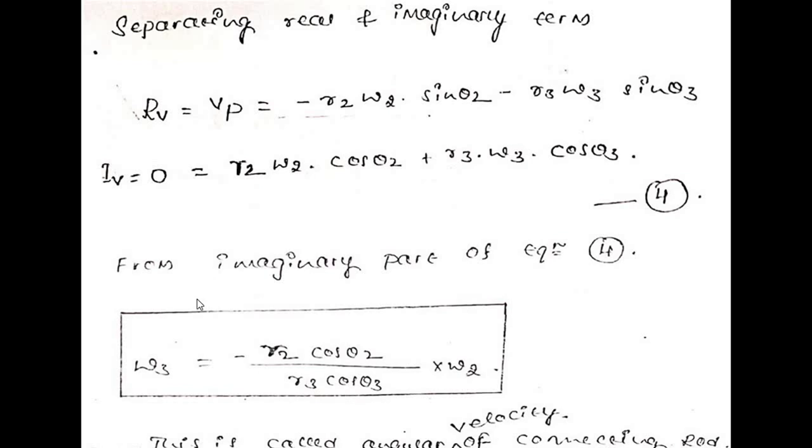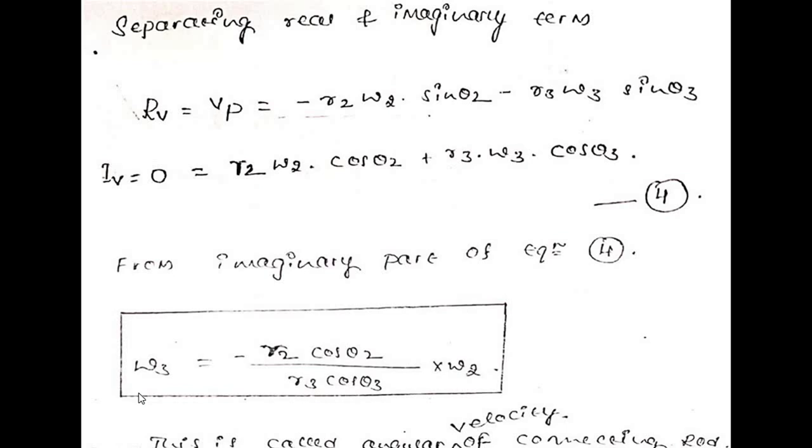From this imaginary part of the equation, if you equate it to 0, omega 3 we find out by taking this on the other side, so it becomes minus R2 cos theta 2 divided by R3 cos theta 3, multiplied by omega 2. This is the equation we obtain for omega 3.